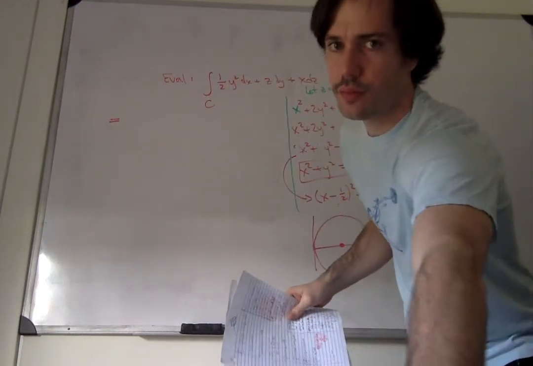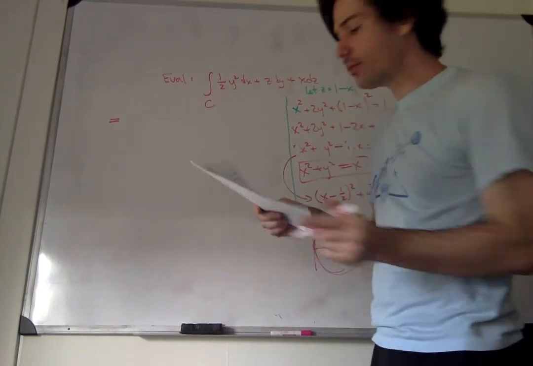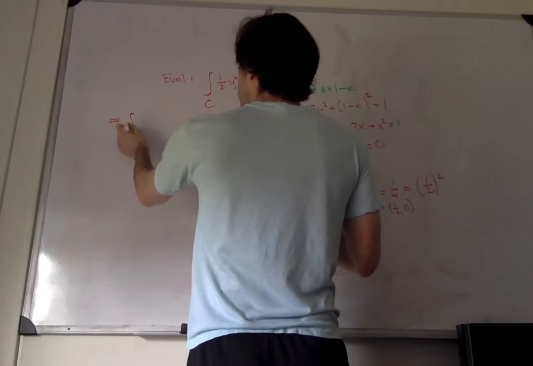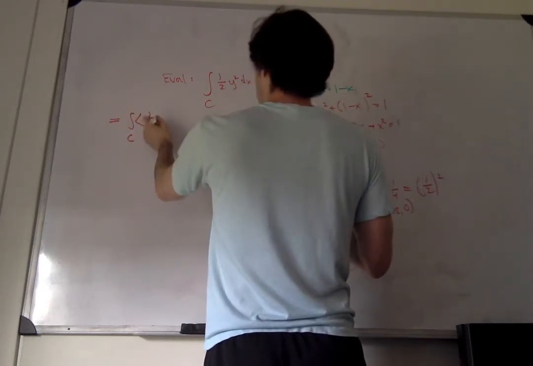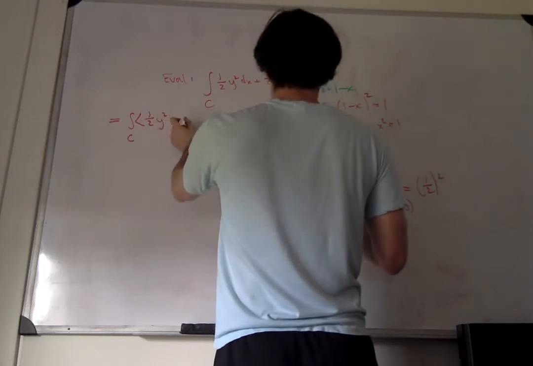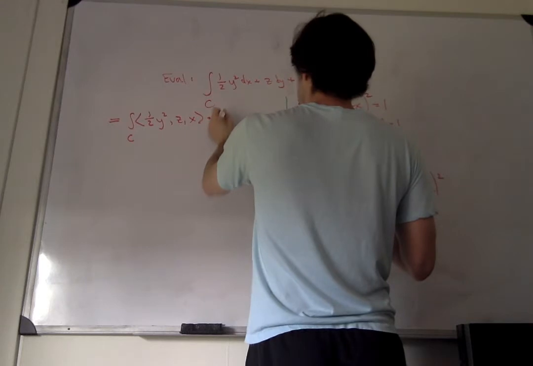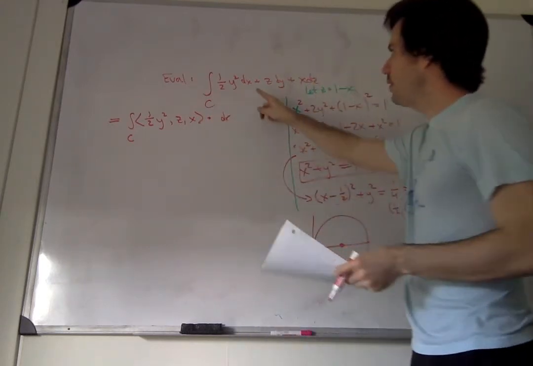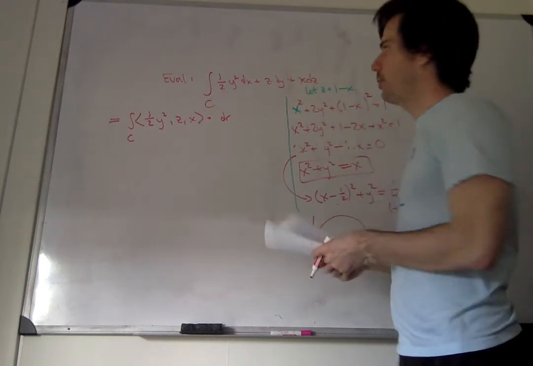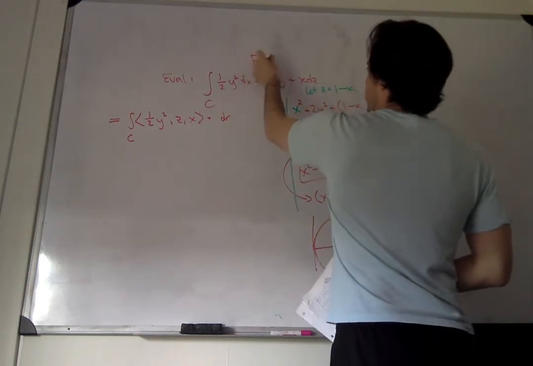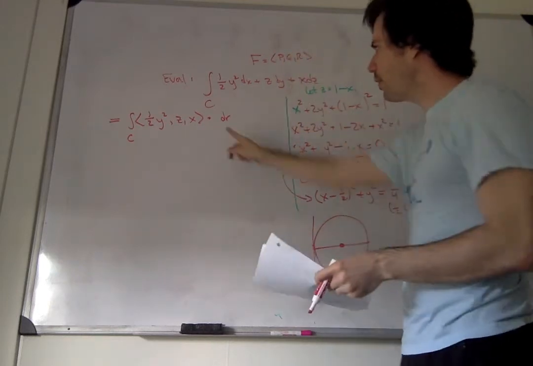Okay, so let's go ahead and do this calculation. So this is equal to the integral over C of (1/2)y squared, zx dot dr, okay? So all I did was say that that's P, Q, and R for some vector field P, Q, R. And I rewrote it like this, right?